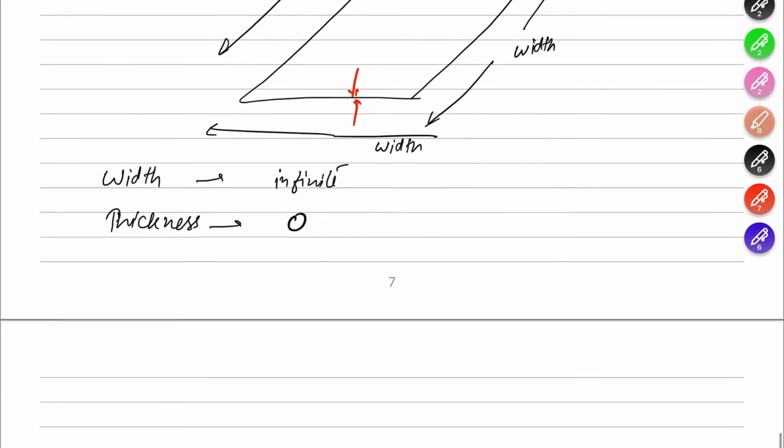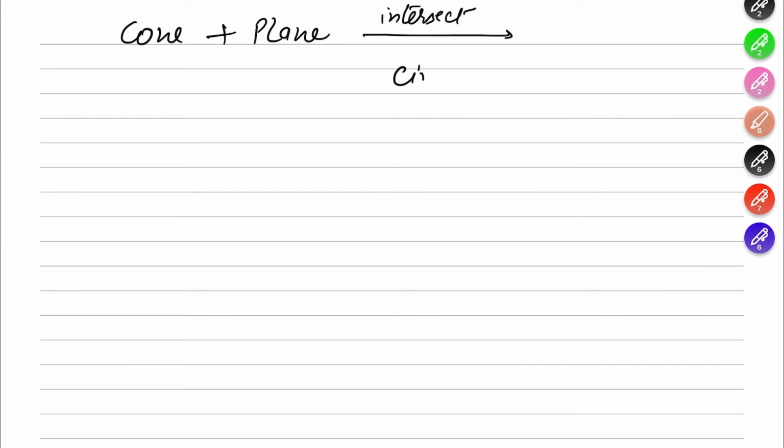So we'll see the intersection. Whenever a cone and a plane intersect, they give rise to different conic sections. A circle is something like this. Then we have a parabola, something like this.